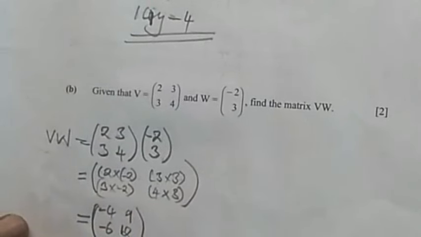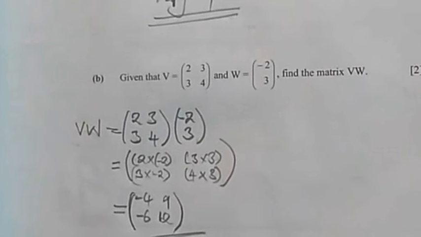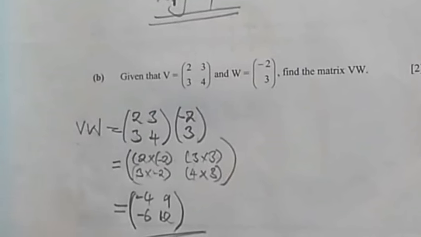So that is the value of VW of the matrices V and W, which is (-4, 9; -6, 12). That is the answer you are supposed to write.